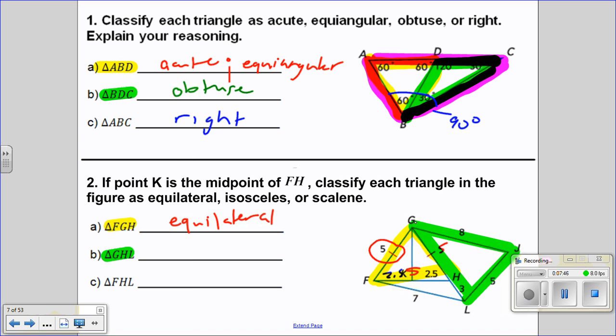So GJ measures 8. LJ is 5. And then from G to L, it would be 5 plus 3, which is 8 in total. So it has two sides that are the same. So that means it's isosceles.